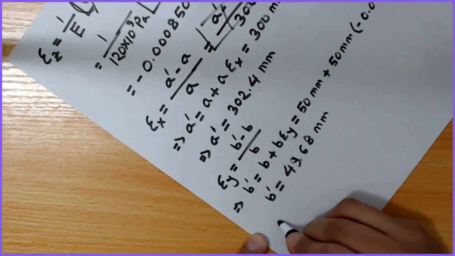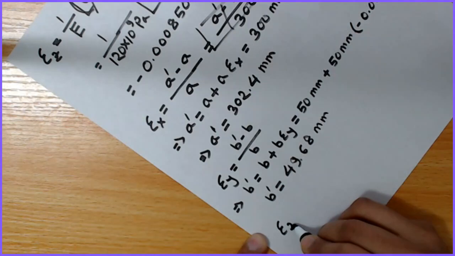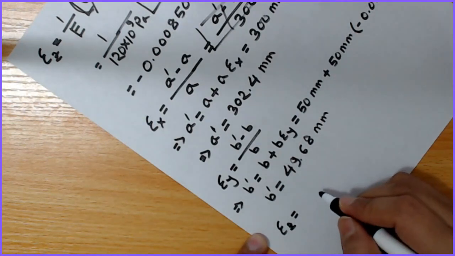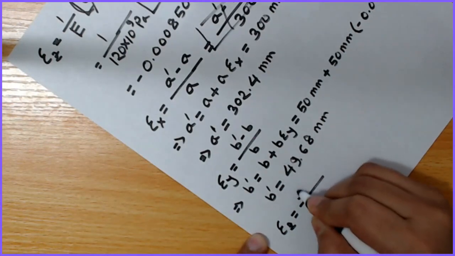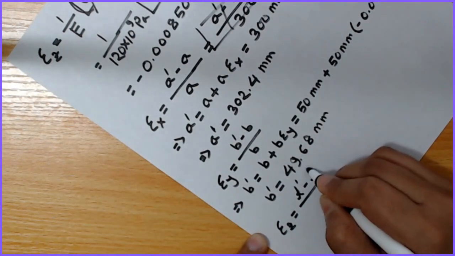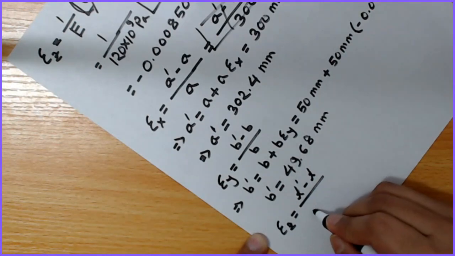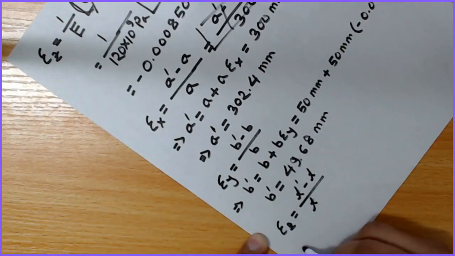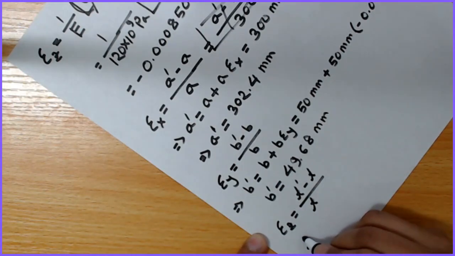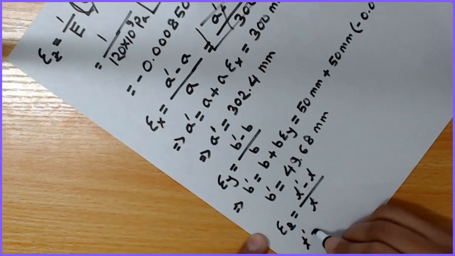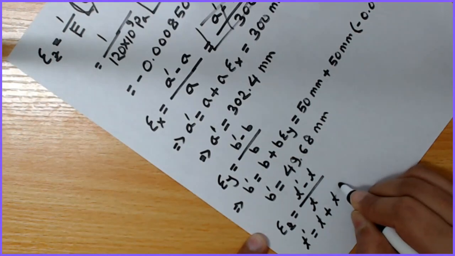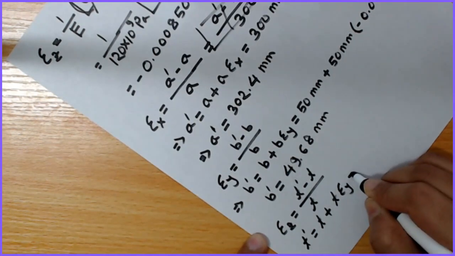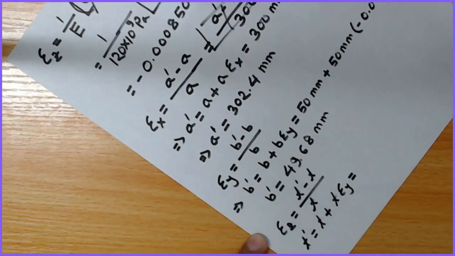And epsilon z is the new thickness minus the original thickness T, divided by the original thickness T. So we can write T prime equal to T plus T epsilon z.